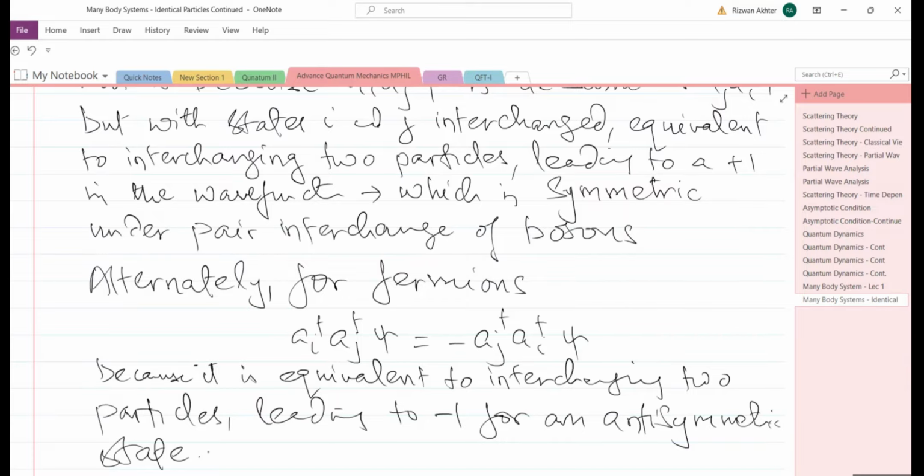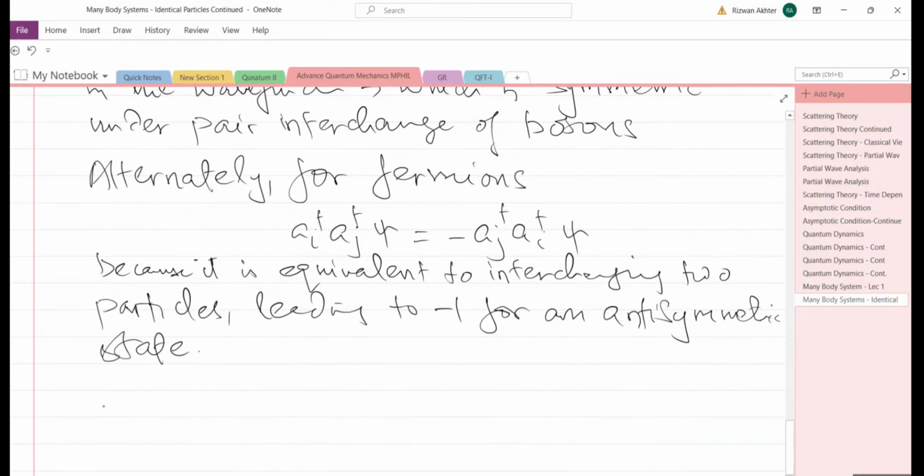So let's write this in terms of a note. What is the note here?